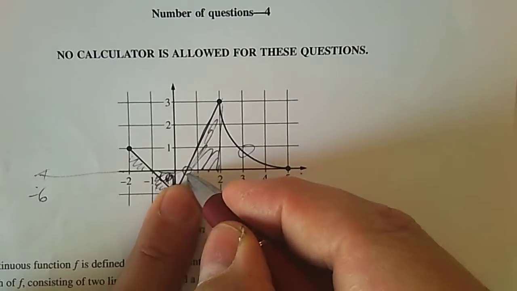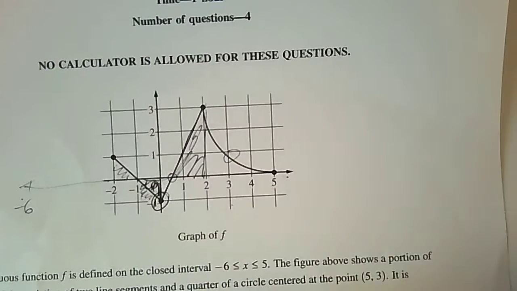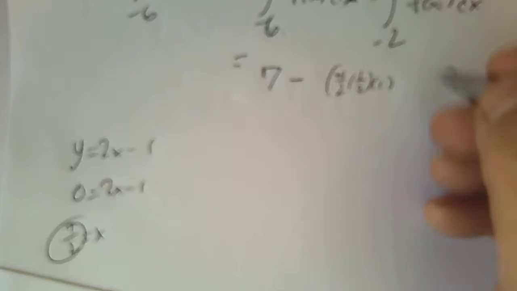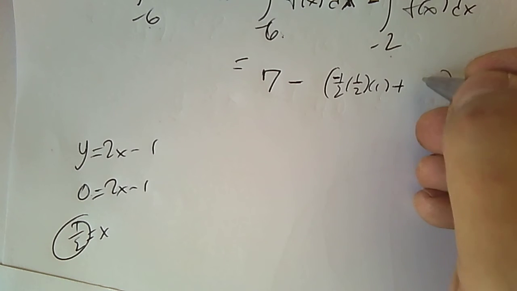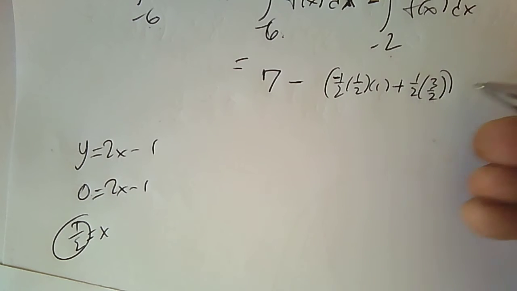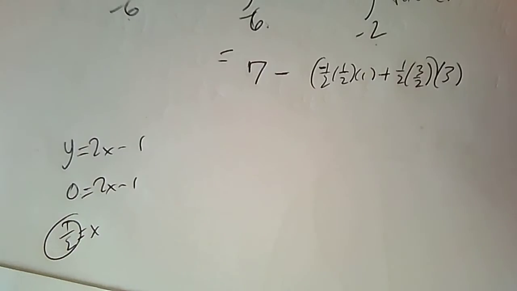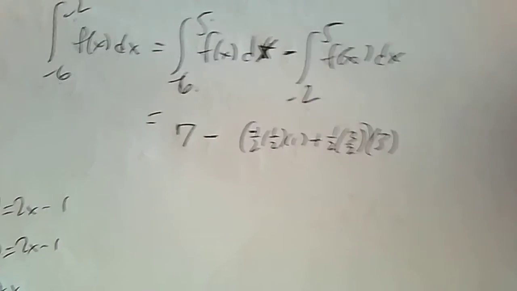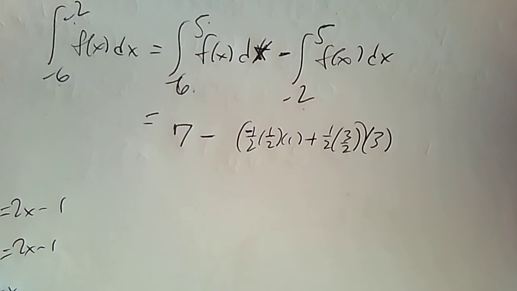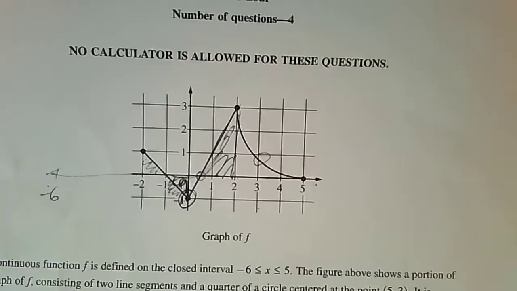From 1/2 to 2, that's 1.5, or 3 over 2. This is going to be positive. So again, the area of the triangle, and then what's the height of it? Up 1, 2, 3. So half of 1.5 times 3. There's the second triangle. That one's positive because it's above.